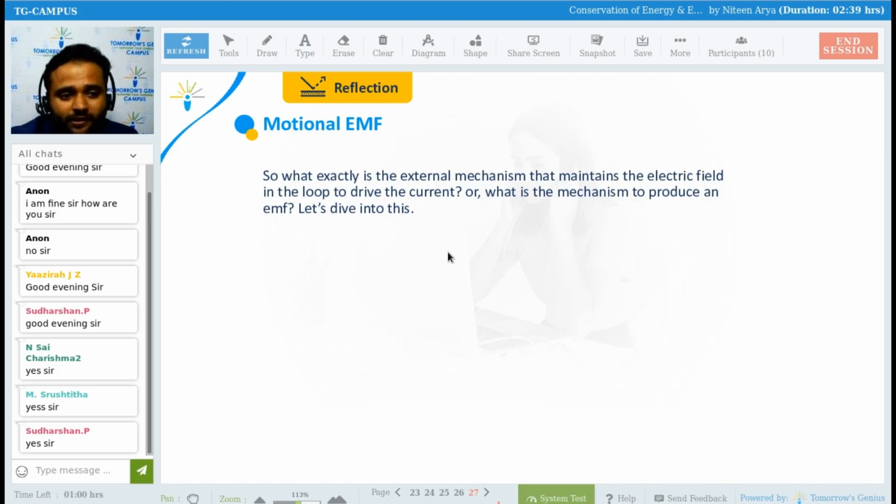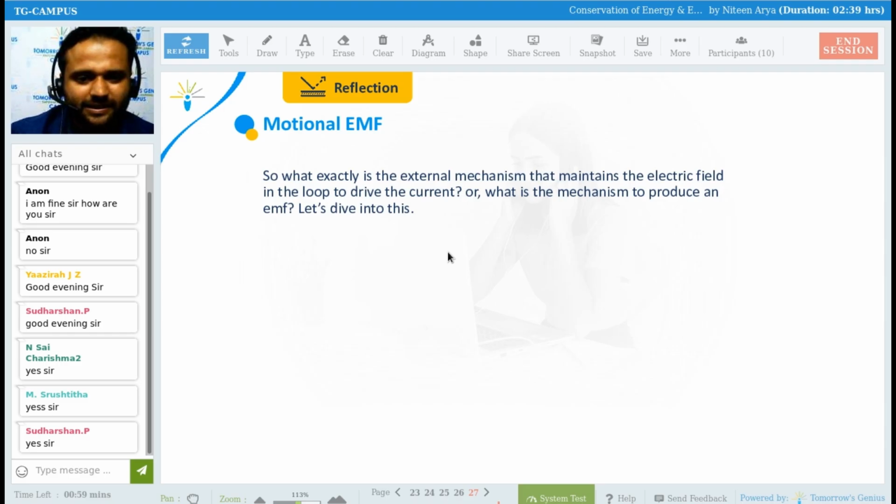Listen, even if it is omitted from your JEE syllabus or CBSE syllabus, you still need to know this. Transformer EMF. I know transformer EMF is given as a proper topic, but I'm going to teach you. So let's do this.